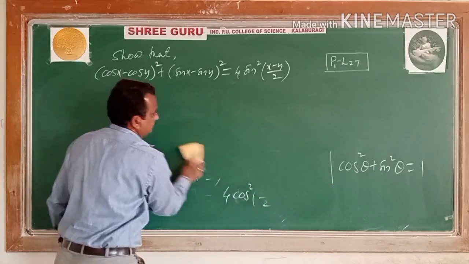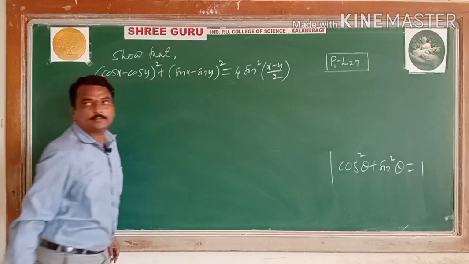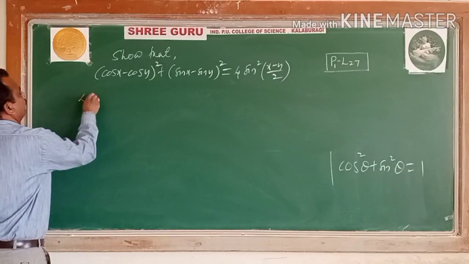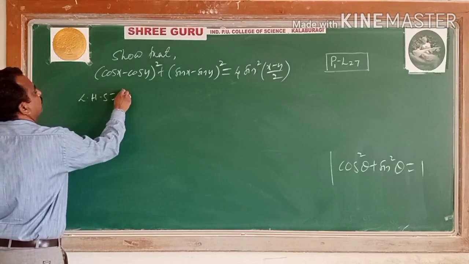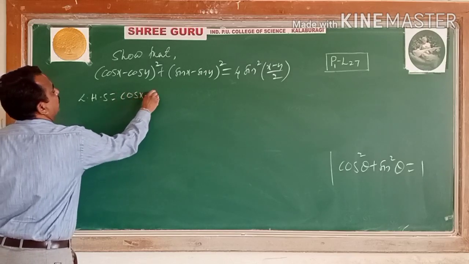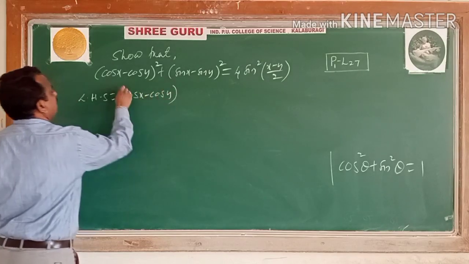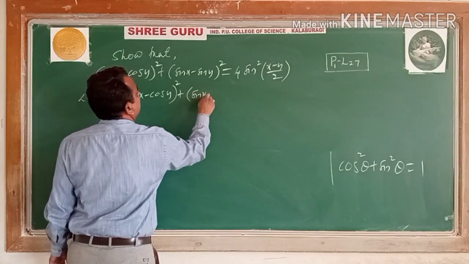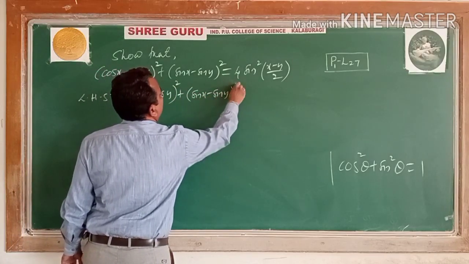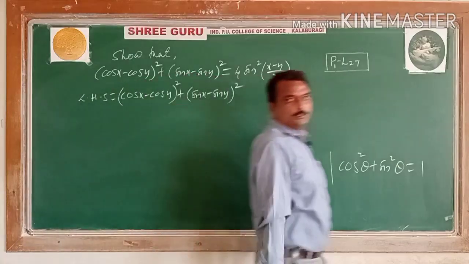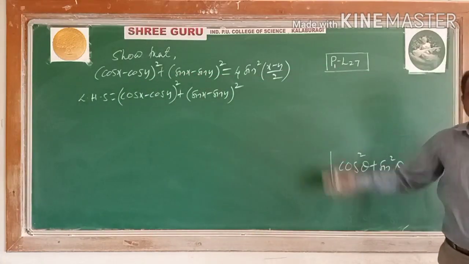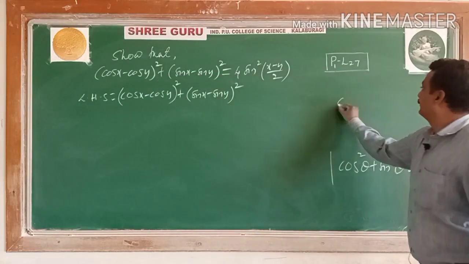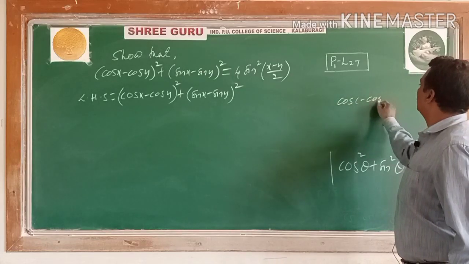Take LHS. LHS is equal to (cos x minus cos y) whole square plus (sin x minus sin y) whole square. This is the LHS here. Proving RHS. Expanding, apply the cos C minus cos D formula.